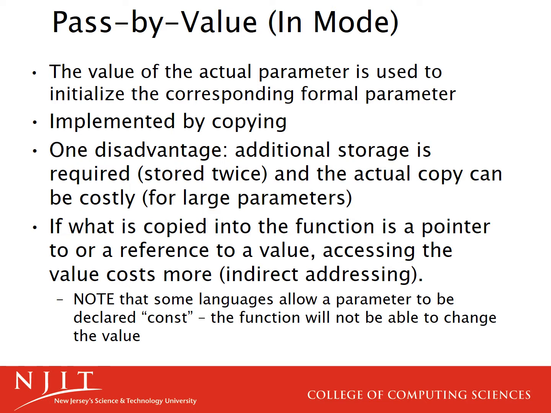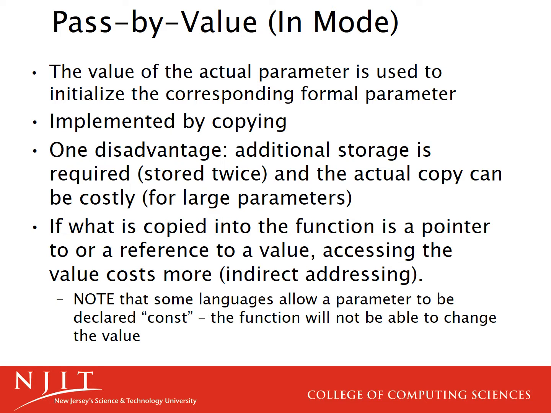The other thing is that if the argument to a function is a pointer or a reference, then accessing the value costs more. Indirect addressing. That's true in all cases, right? Every time you're accessing something by way of a pointer or a reference, it takes a little bit longer because you have to dereference the pointer.